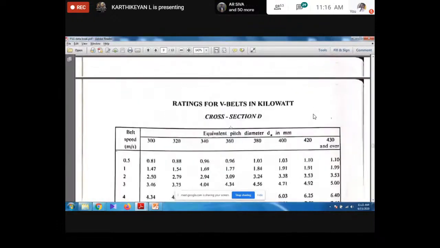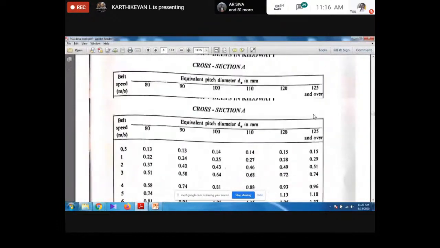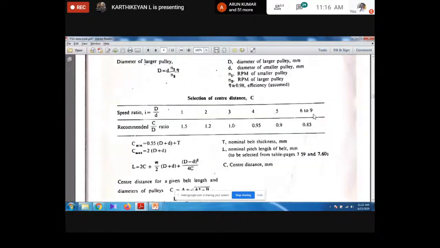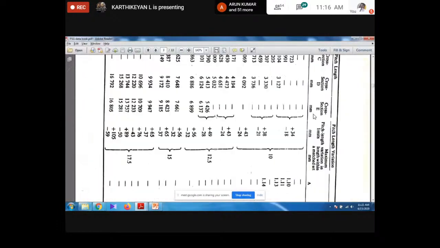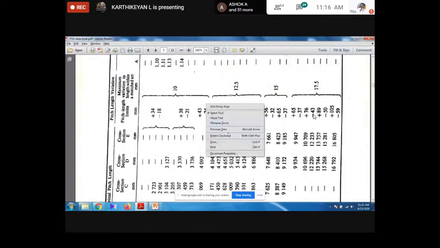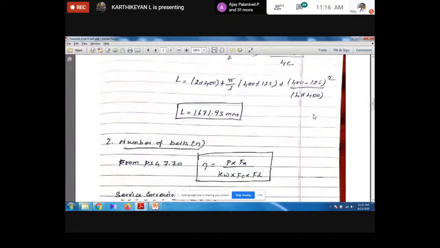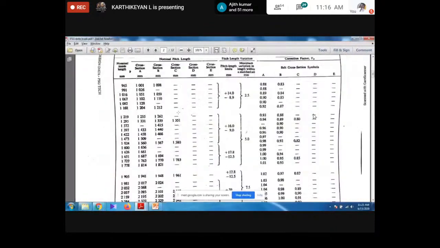Length correction. So this one. I am selecting the cross section B. The actual value I am getting is 1671. I already selected the B cross section, right? I am looking for the B cross section.